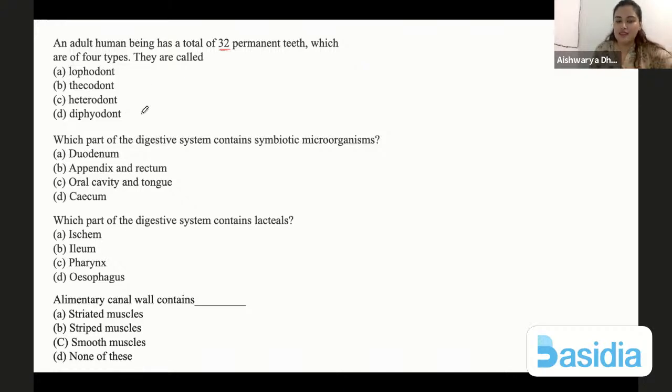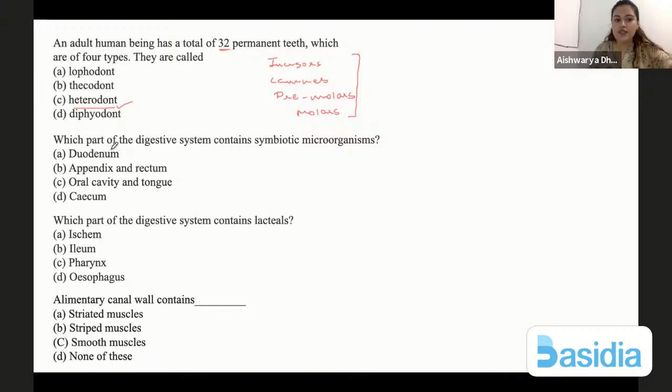The different types of teeth are incisors, canines, premolars, and molars. These are the 4 different types of teeth. This type of dentition is known as heterodont. Hetero means all 4 different types of teeth are present. The correct option here would be heterodont.